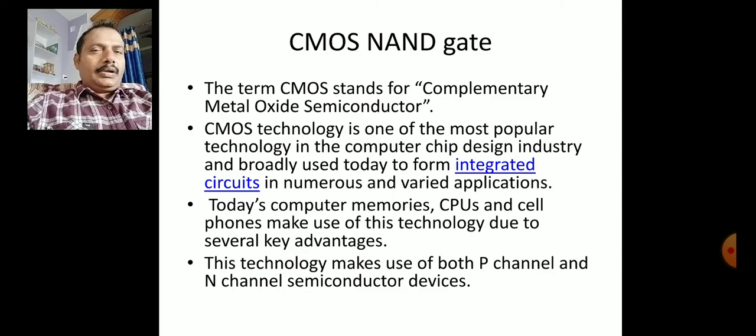As the amount of integration increases, the number of gates that can be manufactured in the semiconductor device is increased.